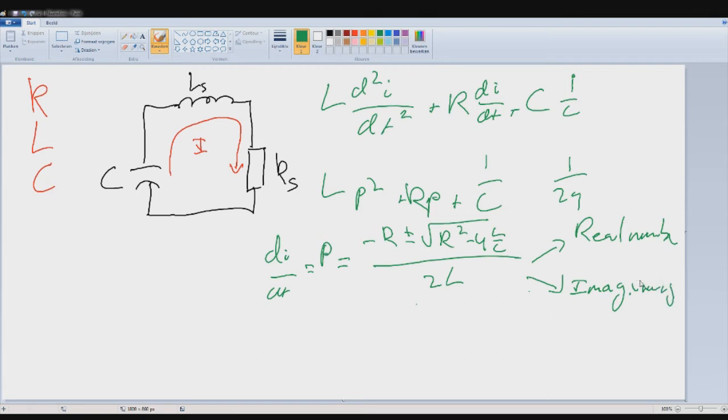And basically what this means is that we will get a function of current that will look like this.